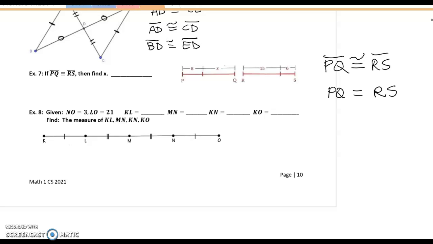So what does that mean? That means that the lengths of those two segments are equal. Notice the change in notation. Again, notation is very important in this unit. I now have made a statement about equal lengths. PQ is equal to RS.